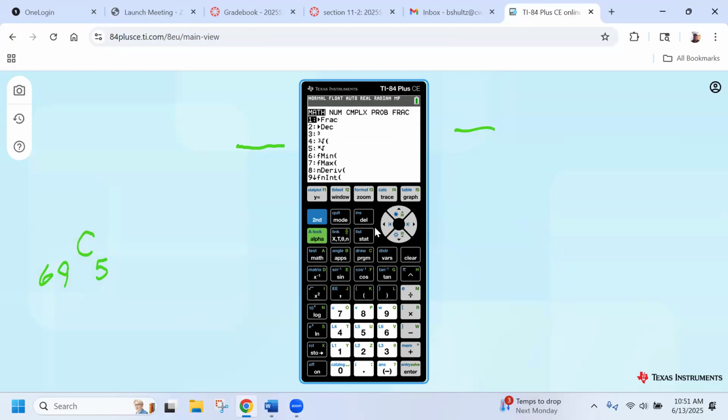Let's go to math, probability, choice number 3. We've got 69 and 5, and we get 11,238,513.